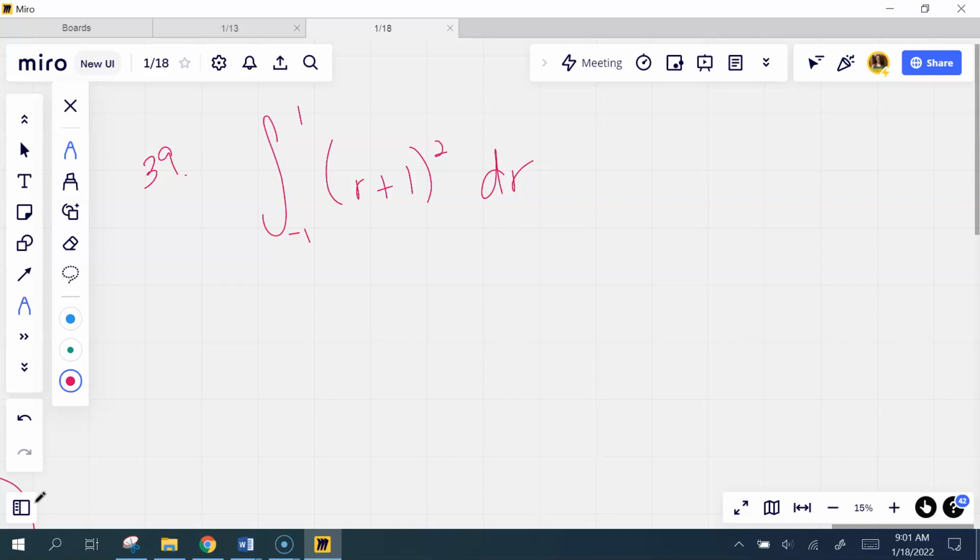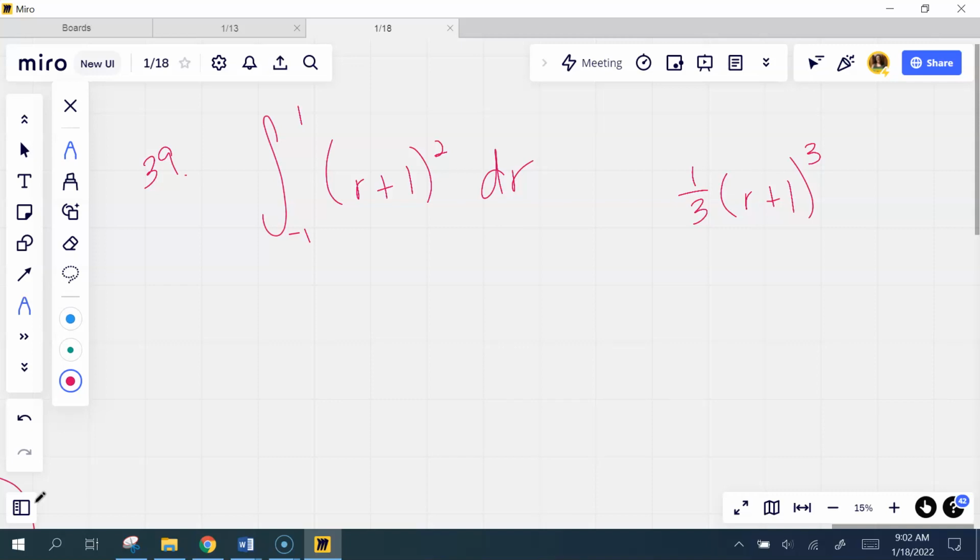Okay. I need the antiderivative of (1 plus r) squared. If you did that and you took the derivative, would you come back? So you're saying (1 plus r) cubed over 3. Does that work? Lizzie says that's the antiderivative. Why does that work?